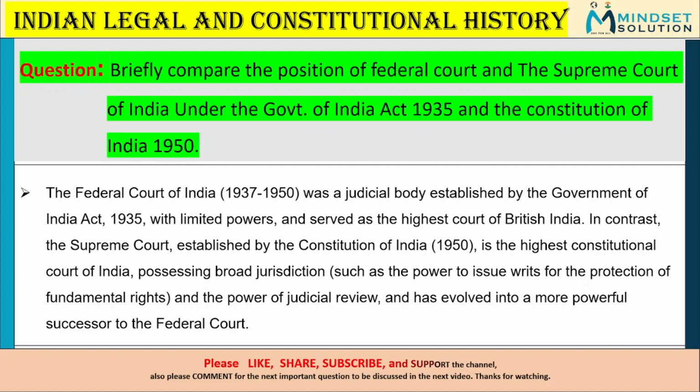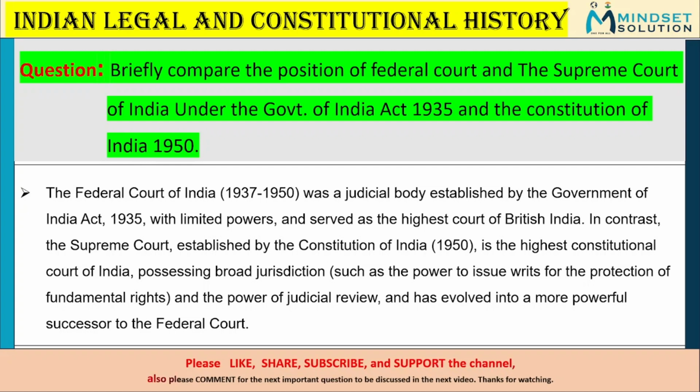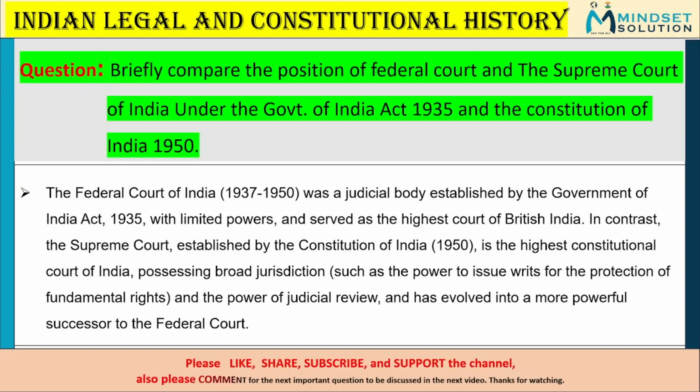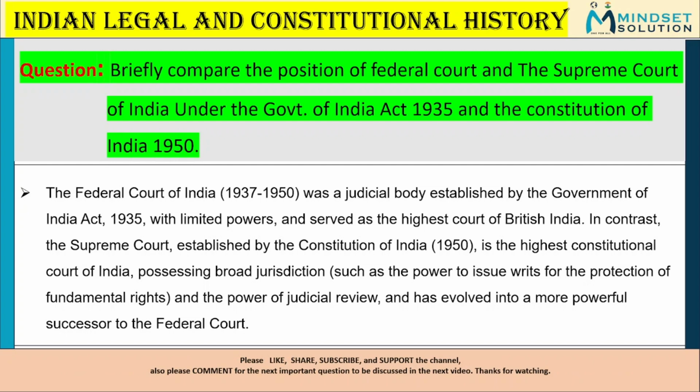Whereas the Supreme Court has been established by the Constitution of India in 1950 after independence, and it has lots of power to protect fundamental rights and the power of judicial review, and has evolved into a more powerful successor to the Federal Court. So we have understood the difference between the Federal Court and the Supreme Court. Now we are going to discuss point-wise in the next slide.